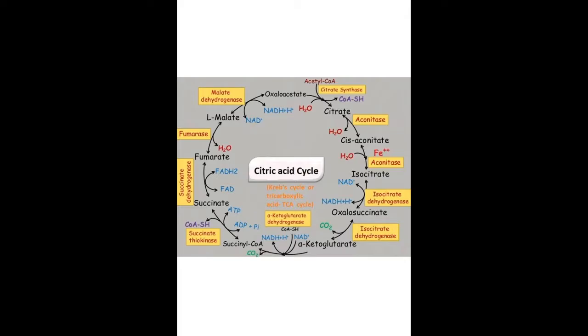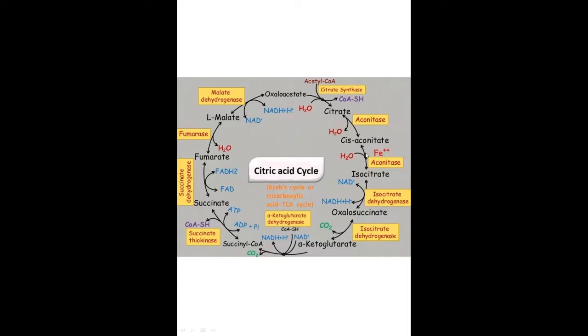In the reactions, as you can see, in this reaction, a bond is formed between the methyl group of acetyl CoA and the carbonyl group of oxaloacetate. An intermediate is formed, citryl CoA, which is hydrolyzed to give citrate.